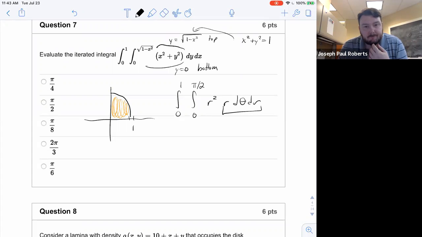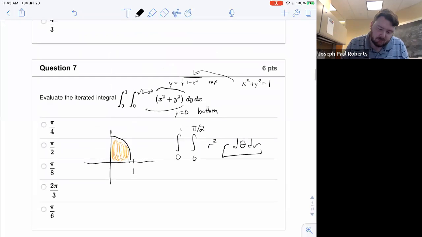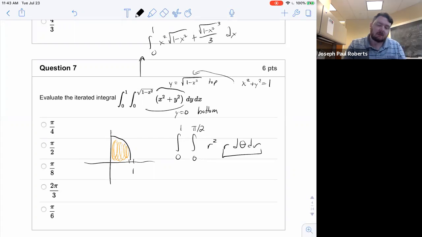So the reason why this is better is that if you did this dy dx as presented, you'd have 0 to 1 of like x squared square root 1 minus x squared plus square root 1 minus x squared cubed over 3, which that's fine, except you need a trig substitution to do. You'd have to do x equals sine theta, I think.